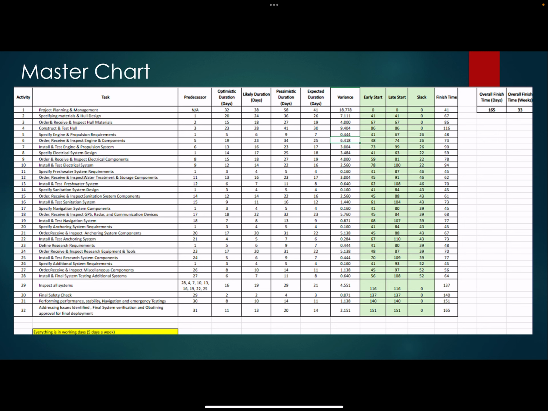By following the professor's procedure, we got our early start, late start, and the slack for each task, by which we can understand how long we can delay an activity before it becomes critical for the whole project. In the end, we concluded that it takes at least 165 days or 33 weeks to complete the project.